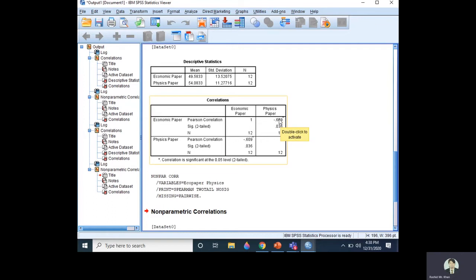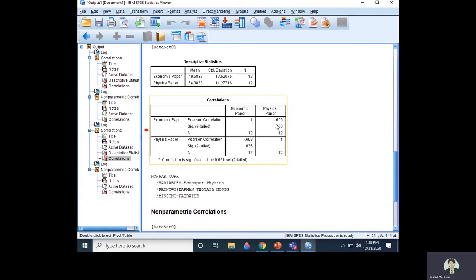So this is like when one variable increases, the other decreases. That is a strongly negative relationship between the two variables.